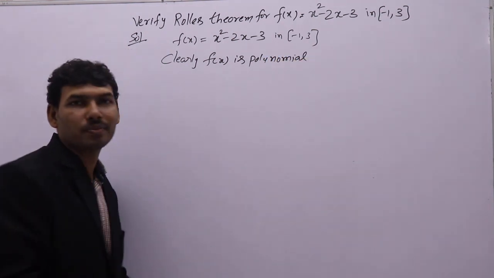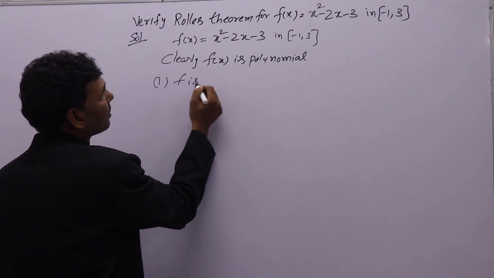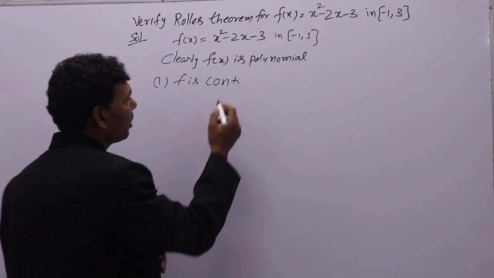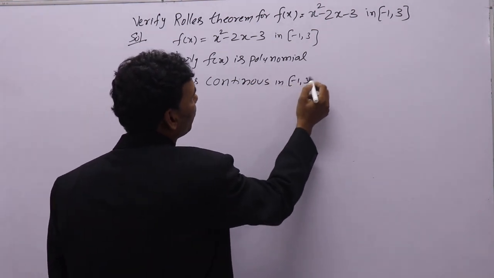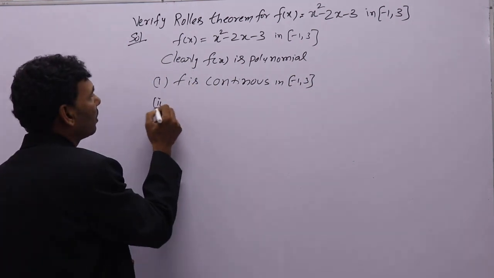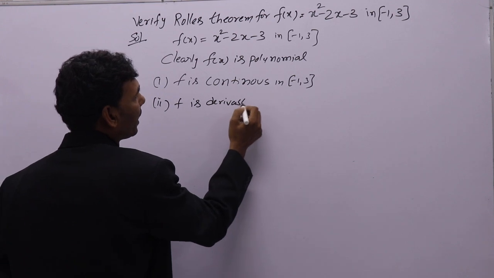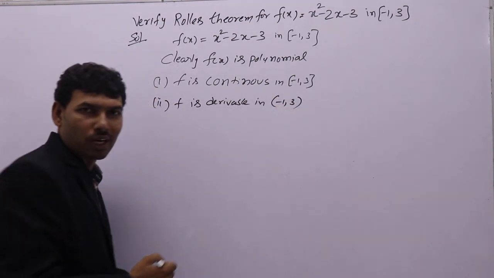That means it is continuous. Polynomials are always continuous and derivable. I said continuous in closed interval minus 1 comma 3 and derivable in open interval minus 1 comma 3.